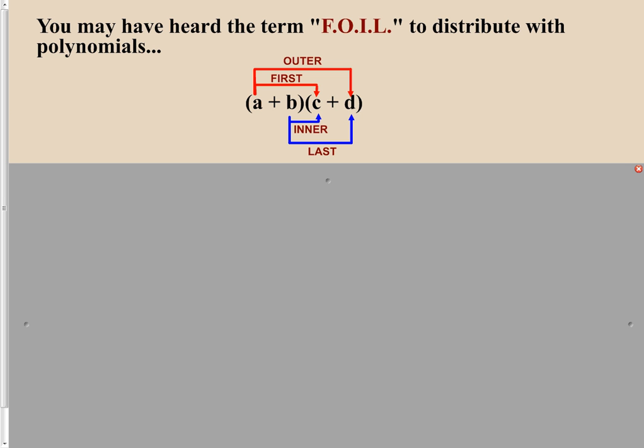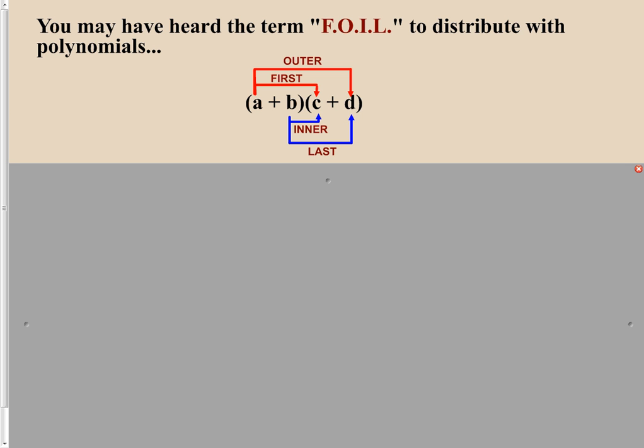Okay, well, this is one of those things where it's something easy that junior high teachers tell students in order to help them memorize that every term needs to be multiplied by every other term. Okay, so FOIL, F-O-I-L. The F stood for the first terms needing to multiply together. The O meant the outer terms needed to multiply together.